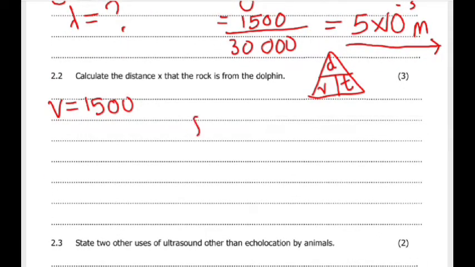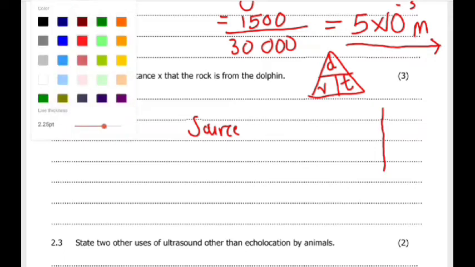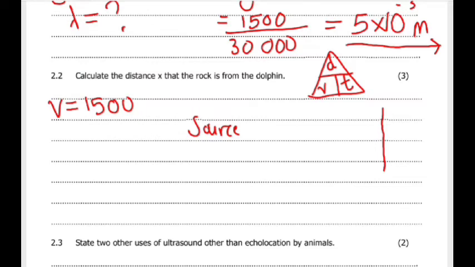So basically, if I have a source, and this is like a barrier where the sound is going to bounce off, right? So what will happen is the waves are going to travel to the barrier, and they're going to bounce back, and they're going to go back to the source.